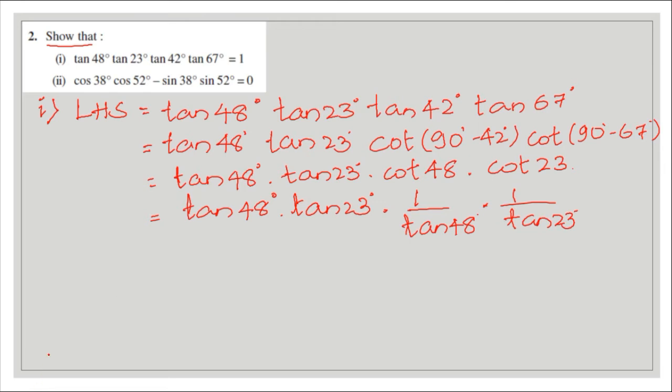You observe carefully, these things get cancelled. When they get cancelled, we get the result as 1. This is nothing but the right hand side. Therefore, the left hand side and right hand side are equal to each other.